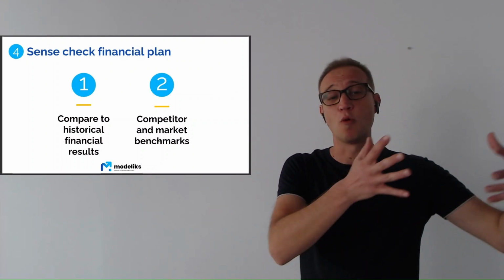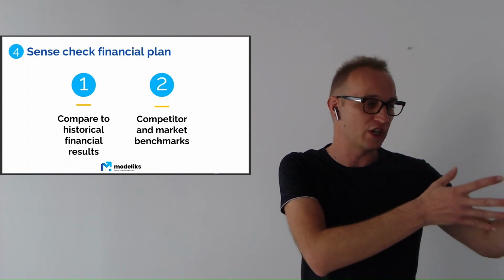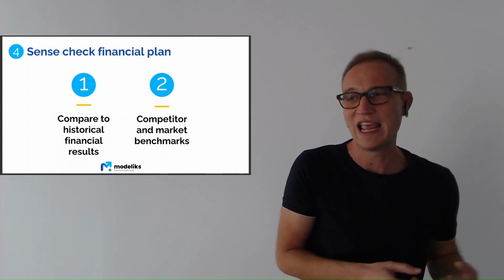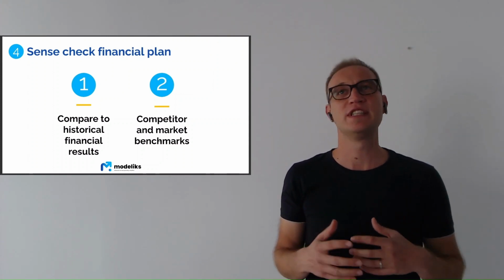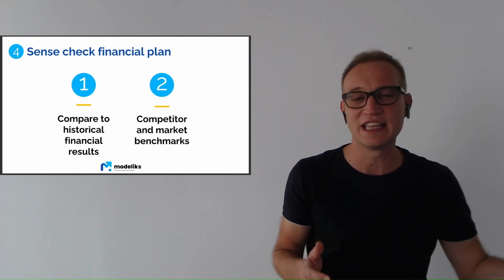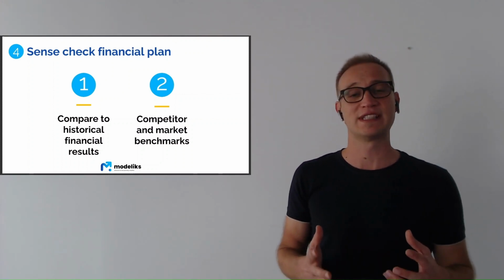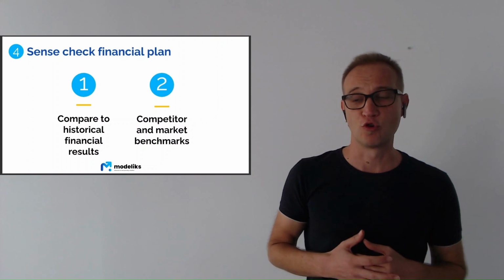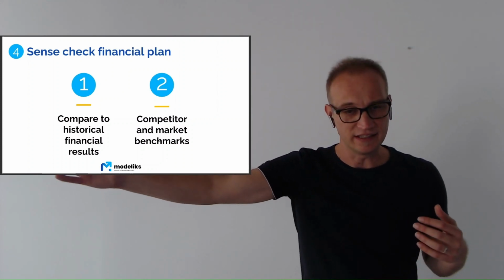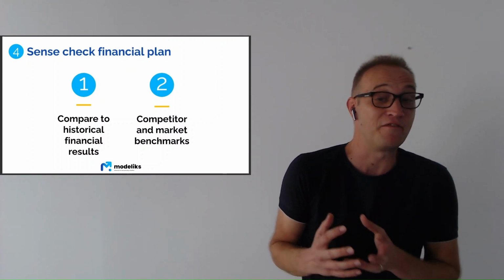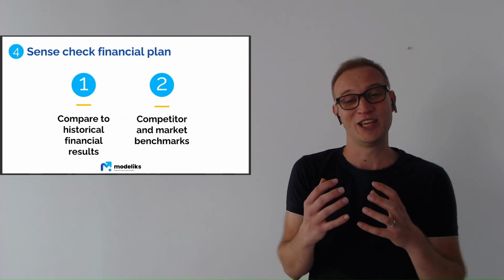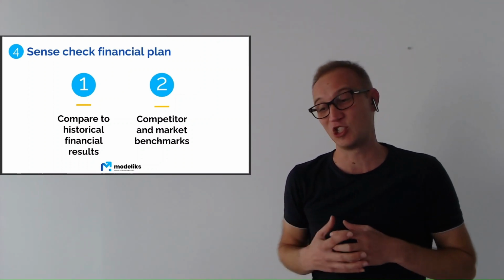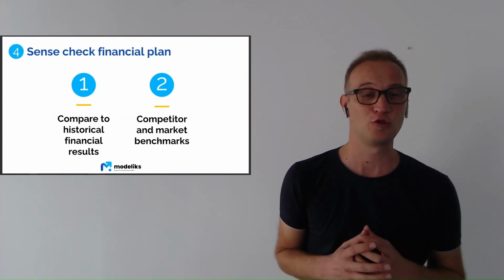First, again, you compare your outputs of your financial plan to your historical financial results. If you've seen that your revenue grew 10% every year for the last 3 years, and all of a sudden now in your plan your revenue grows 1,000%, then you better have a very good explanation why your revenue growth rate has changed so much in comparison to your historical data.